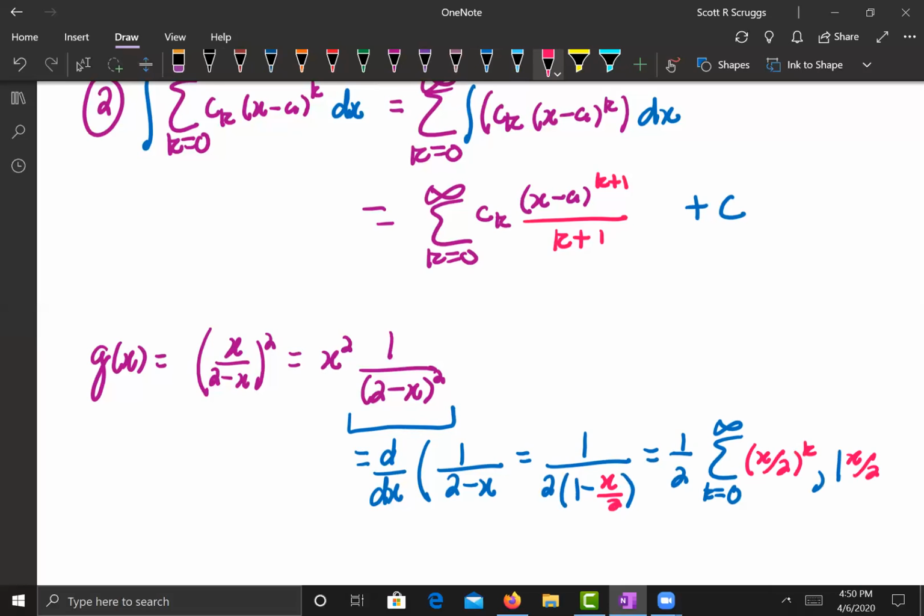You need to put the x squared on the outside, you're talking about that x squared in the purple? That's going to come later. I'm just writing down the power series for 1 over 2 minus x, not the power series for g of x. Okay, but when you do g of x, you need to then do that x squared property. Correct, I do need that for later. Okay, so you're exactly right.